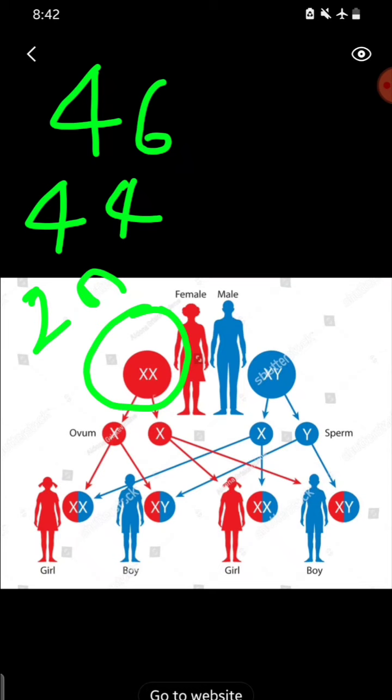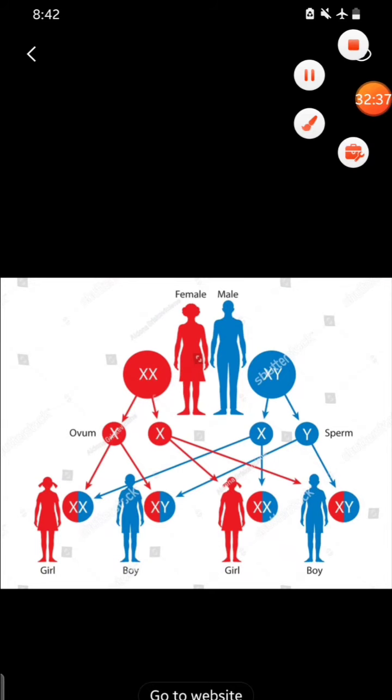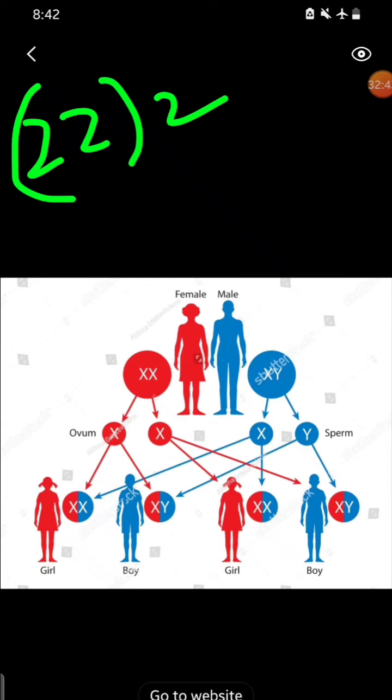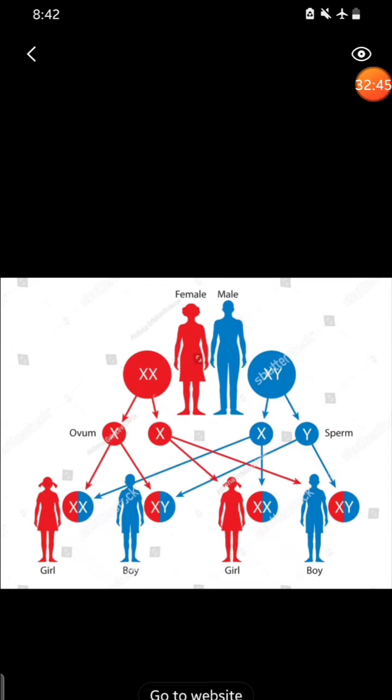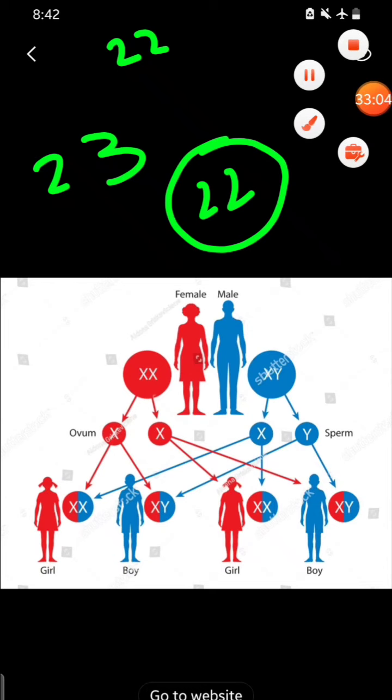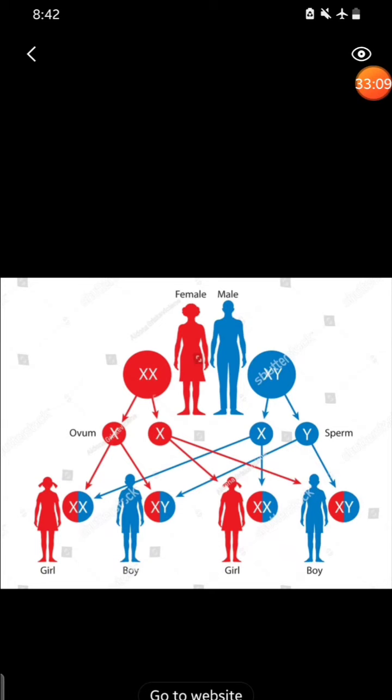That means 44 chromosomes meaning 22 pairs, 22 into 2. So the 22 pairs will have the autosomal characteristics. In the 23rd pair, the 22 pairs are the same, so they will determine the autosomal characters, other body characters. Whereas in another pair, the one pair, we call it the sex chromosomes.